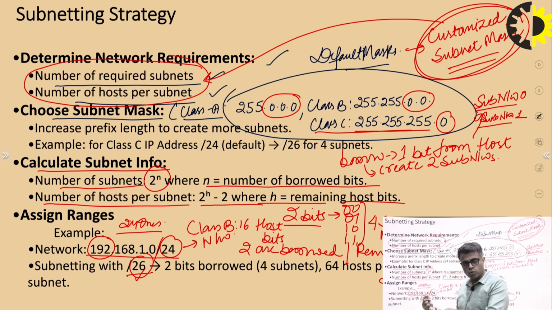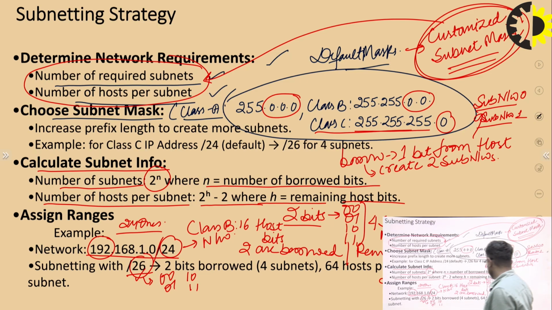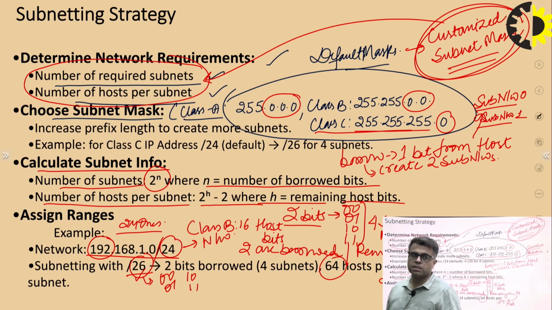So these 2 more bits also become part of the network, or we can say simply part of the subnetwork. Subnetwork is part of the network. So these 2 bits can be 00, 01, 10, 11. So there can be 4 subnetworks inside this network. And how many remaining bits are there? 6 remaining bits are there. So 2 raised to power 6, that means 64 hosts can be there in all these subnetworks.